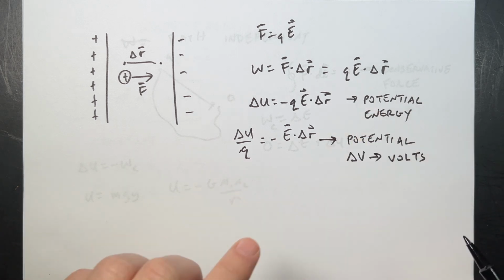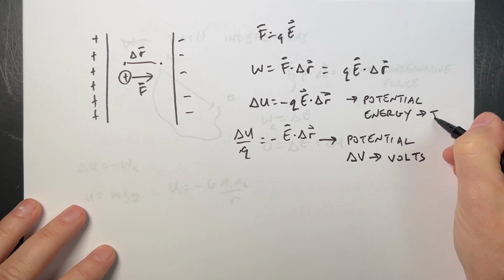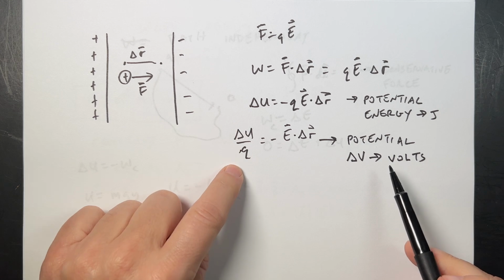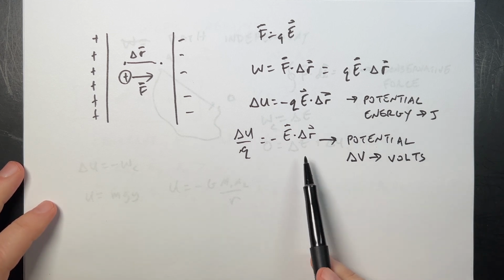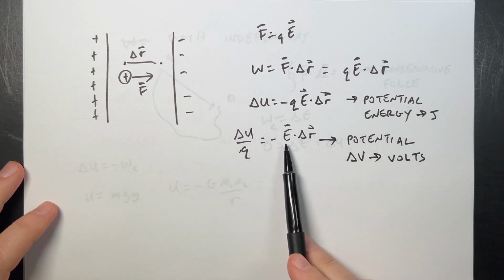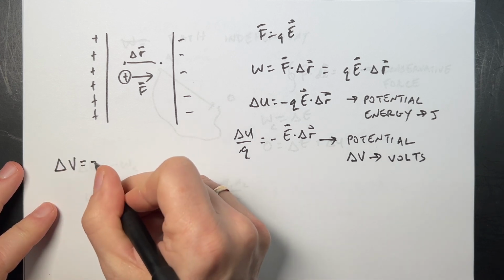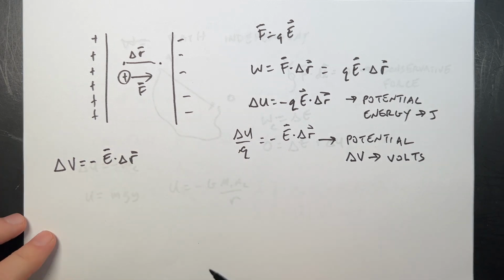So change in potential energy is energy, and it's in units of joules. Change in potential is a change in potential energy per charge, and it's in volts. And it seems like it wouldn't be a good thing to do, but it turns out to be very useful. And you can see right here that if the field is constant, delta V is negative E dot delta R. And that's only for constant fields, okay?